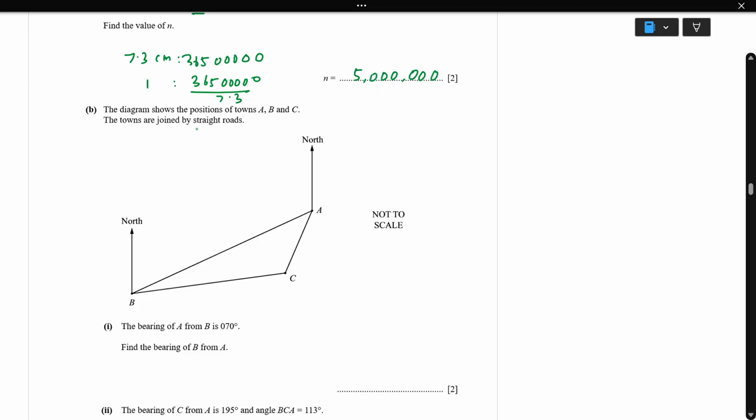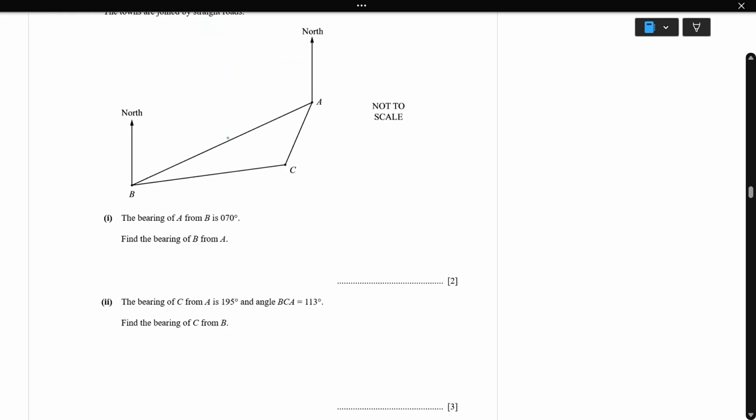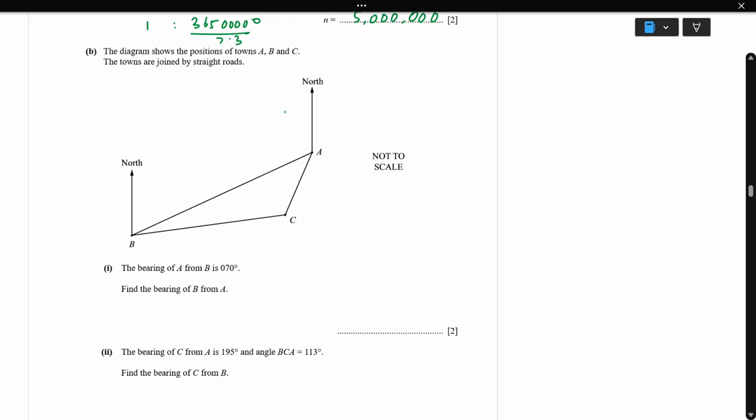Next part, the diagram shows the position of towns A, B, C. The towns are joined by straight roads. Okay, the bearing of A from B is going to be 070. Next, the bearing of B from A. So B from A, we need to calculate the entire thing, because from north clockwise, so it's parallel.